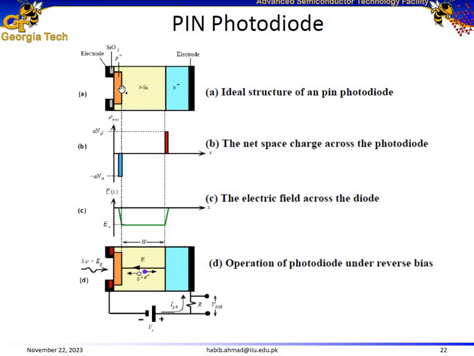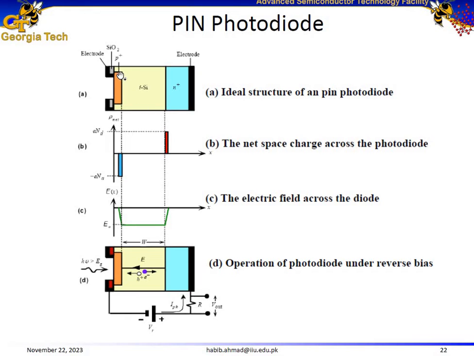And similarly, we would have diffusion of holes from the p-type layer adjacent to this metallurgical junction towards the n-type layer, resulting in uncovering of negative charges. So because of these, at this left junction we would have negative charge density, and at this right junction we would have positive charge density.